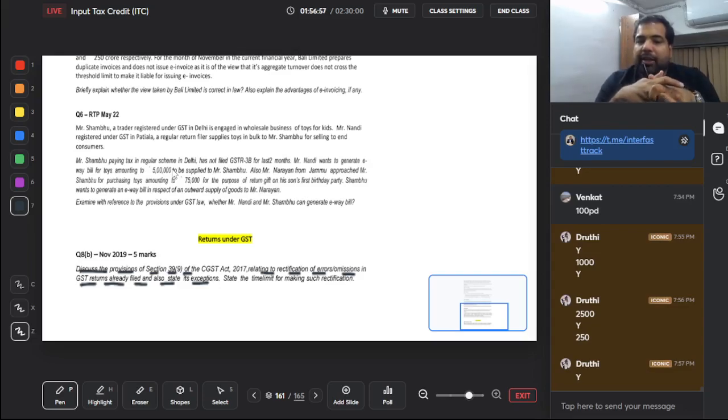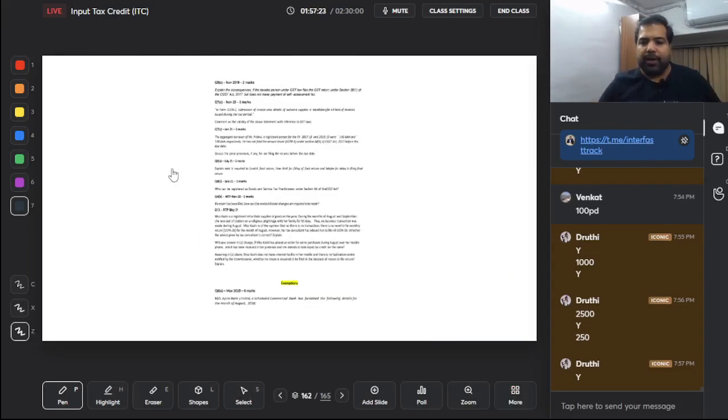However, any errors or omissions can be rectified in the month in which such errors and omissions have been discovered. However, there is a timeline. The maximum time by when such errors or omissions can be corrected is 20th October or the annual return filing date. Let's move ahead to the next question.